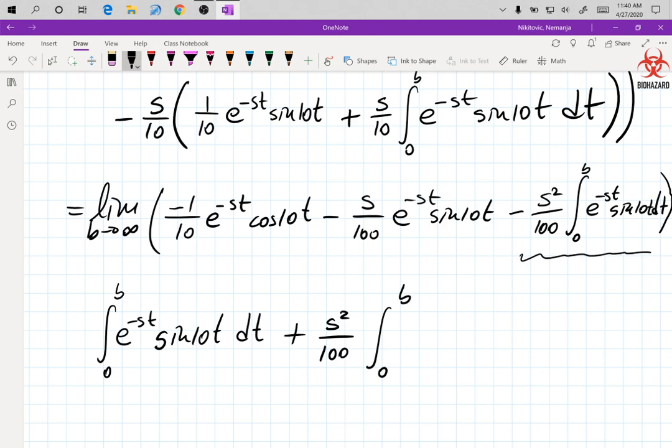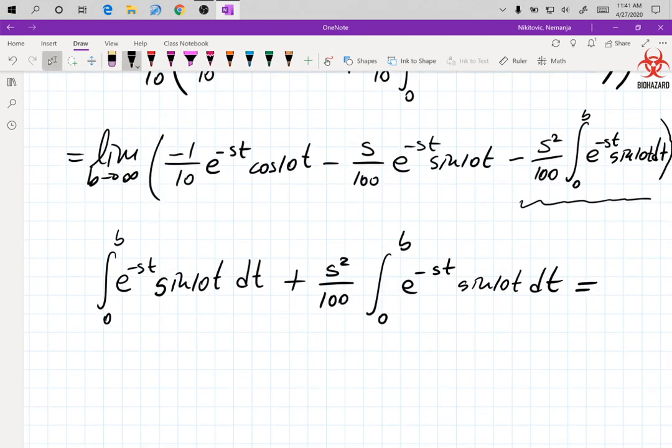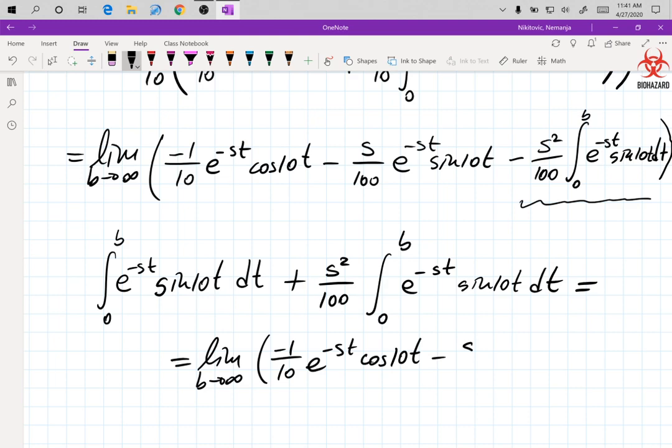The integral 0 to b of e to the negative st sine 10t dt is going to be equal to this mess: limit as b goes to infinity, negative 1 over 10 e to the negative st cosine 10t minus s over 100 e to the negative st sine 10t.